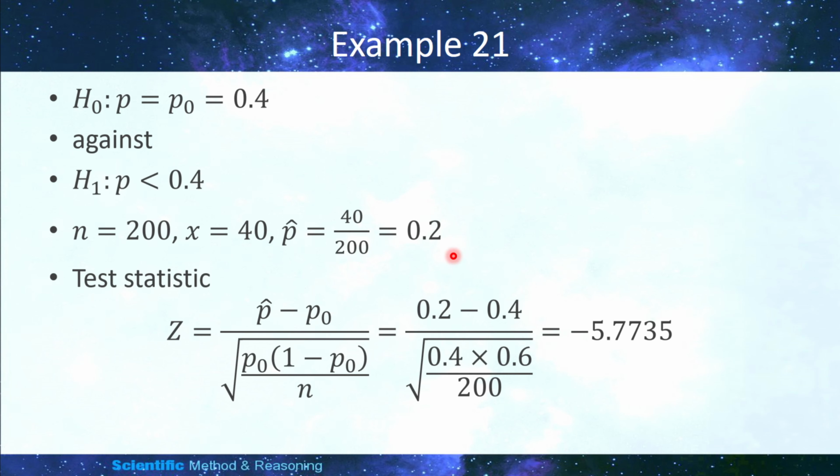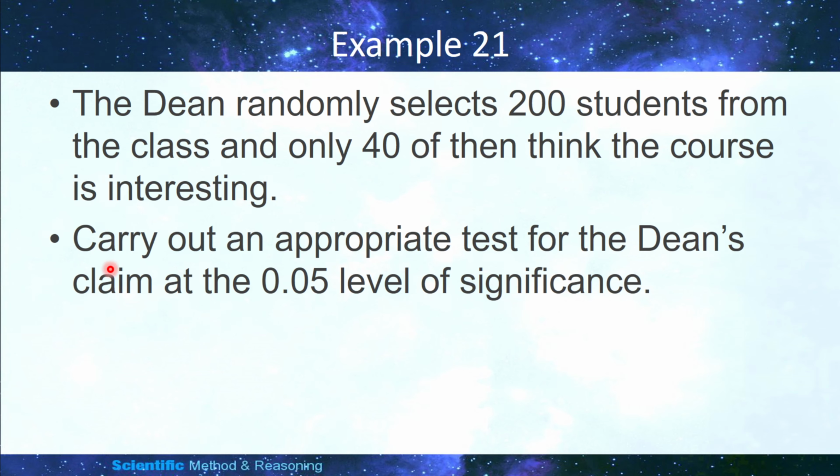So we have P hat 0.2 minus P naught divided by the square root of P naught, which is 0.4, times 1 minus P naught, which is 0.6, divided by n. And this test statistic is minus 5.7735.